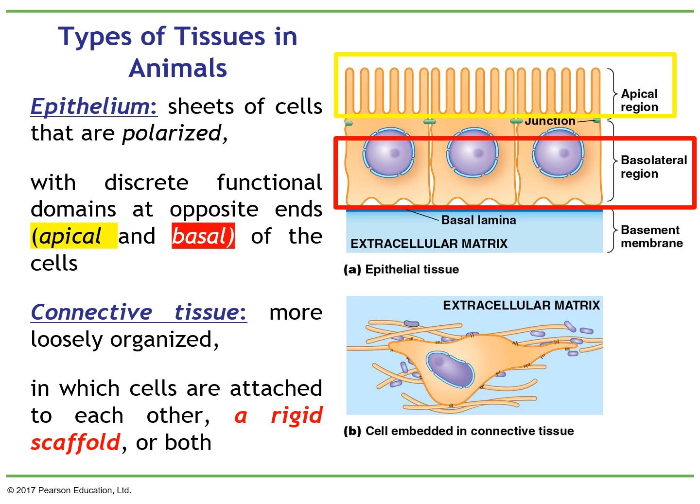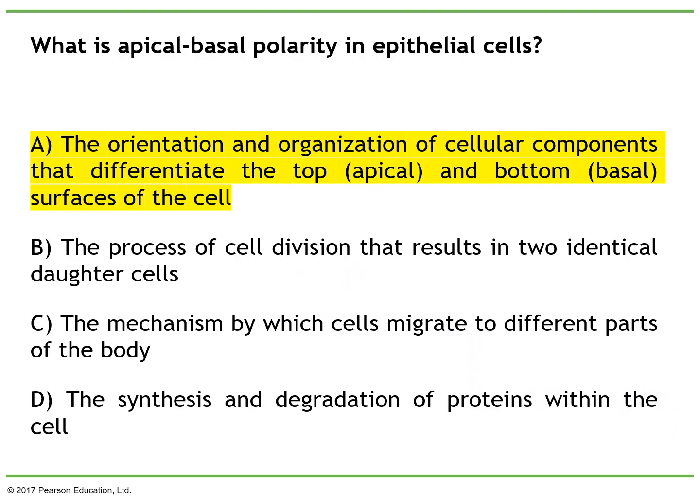It was because the extracellular matrix has a lot of calcium, but the matrix was here and the cells were separated. Okay, so remember apical basal polarity: apical top, and at the bottom will be the basal.